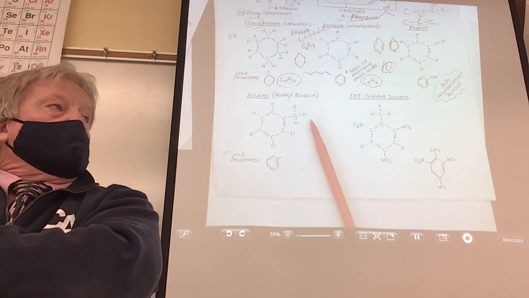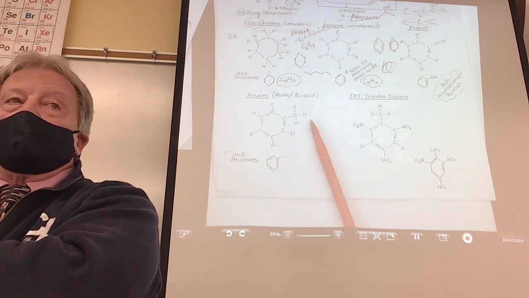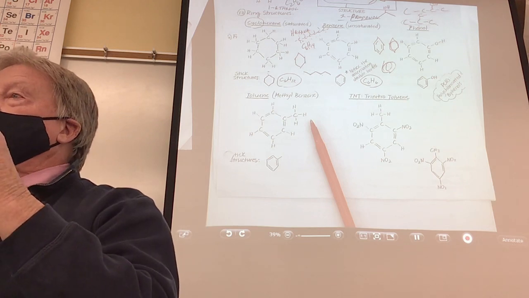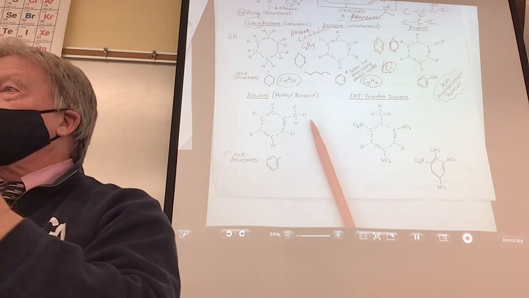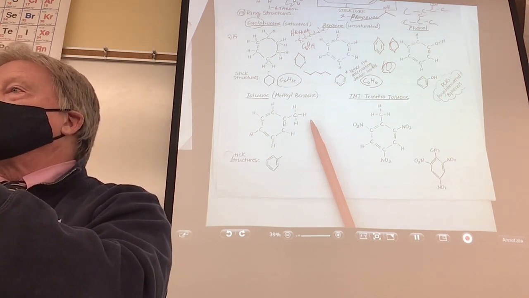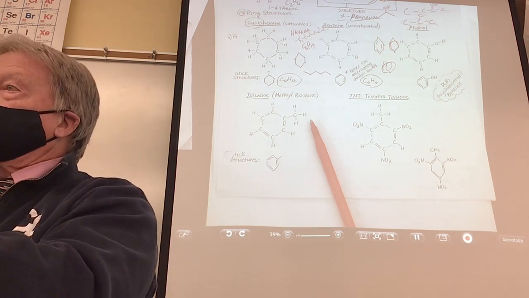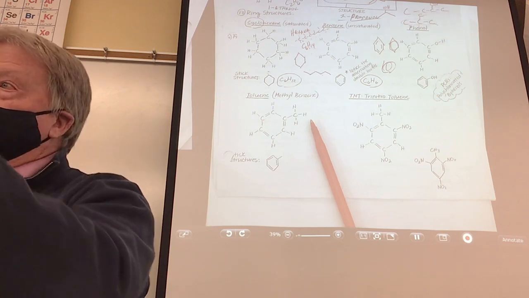I will tell you that the benzene ring is incredibly stable, and you seem to be able to attach many things to it. You can even have a benzene ring attached to another ring and another ring. They're kind of stable, and then you can have all these other things sticking off of it.